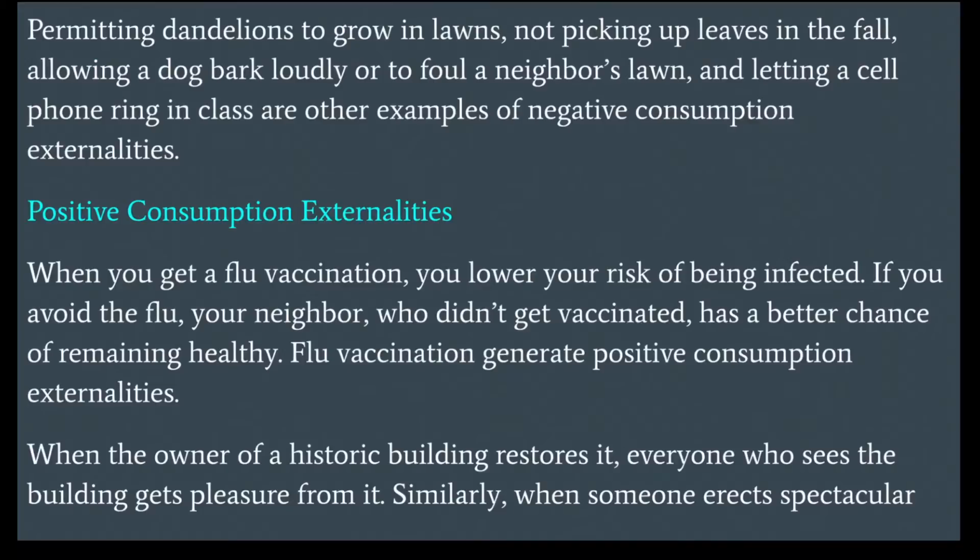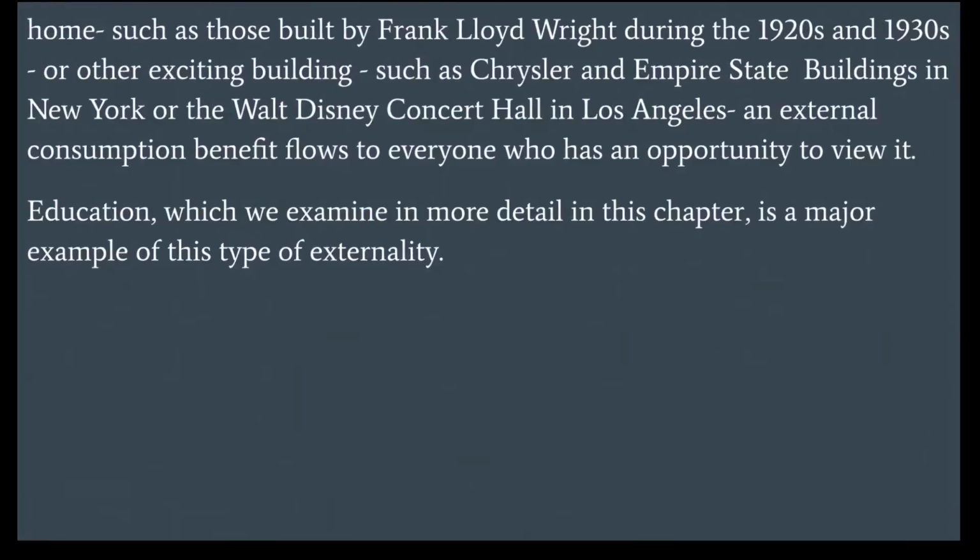Similarly, when someone erects a spectacular home such as those built by Frank Lloyd Wright during the 1920s and 1930s, or other exciting buildings such as the Chrysler and Empire State Buildings in New York or the Walt Disney Concert Hall in Los Angeles, an external consumption benefit flows to everyone who has an opportunity to view it. Education, which we examine in more detail in this chapter, is a major example of this type of externality.